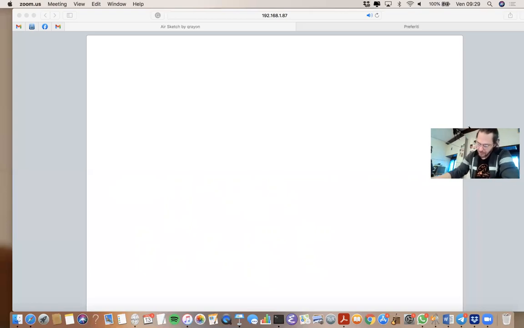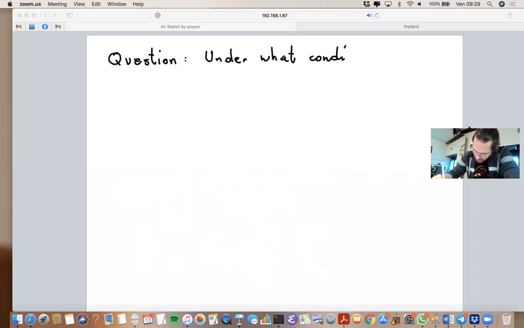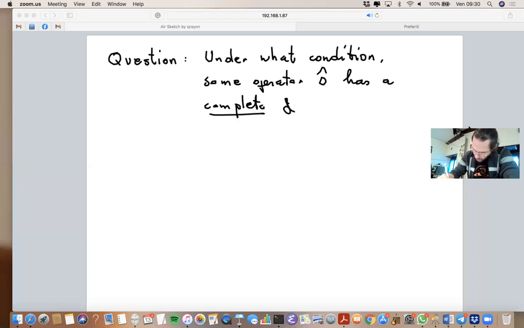So the question that we want to address is, under what conditions some operator U O has a complete and orthonormal set of eigenstates.